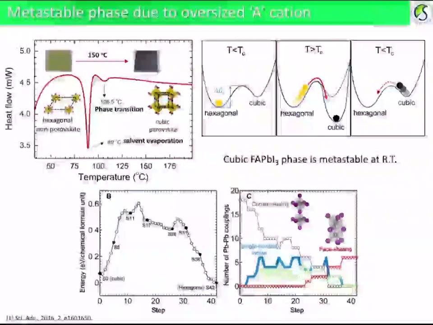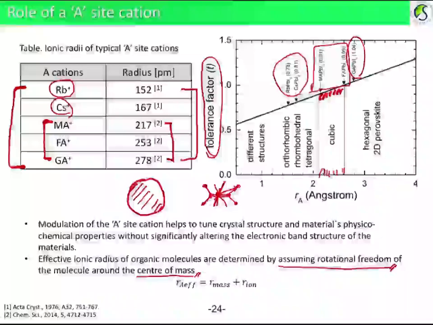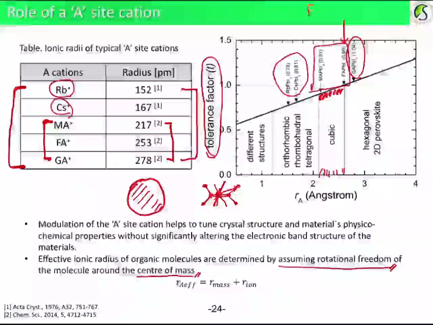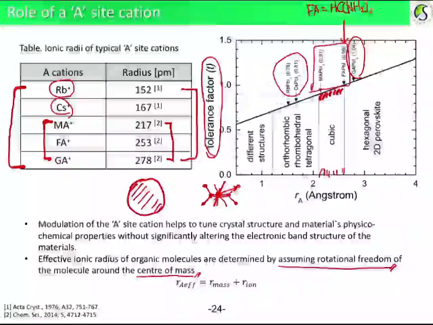And in fact, for the case of formamidinium lead triiodide, which is based on the formamidinium cation, here the FA corresponds to the formamidinium cation.